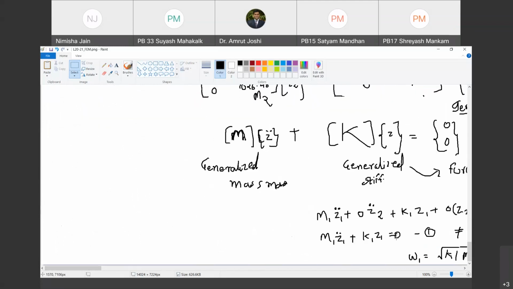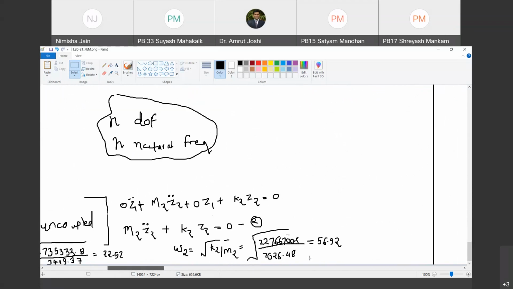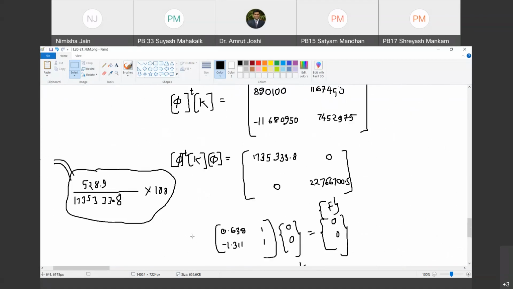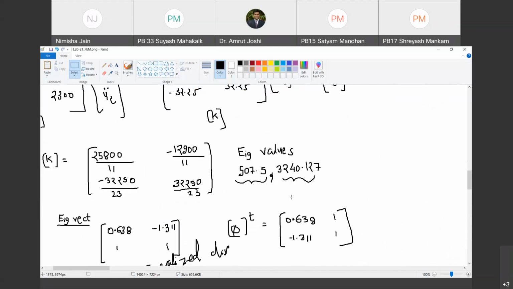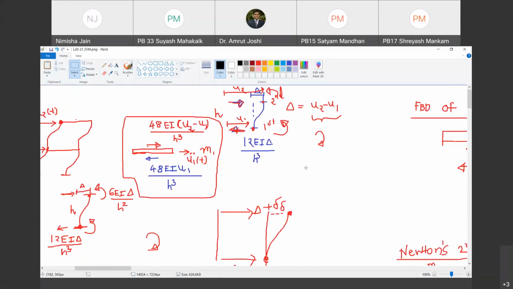If you square the second natural frequency, which is 56.92, its square turns out to be the second eigenvalue. So therefore eigenvalues of M inverse K matrix are nothing but squares of the natural frequencies. यह हमने last time discuss किया था, यहाँ तक. Are you with me?